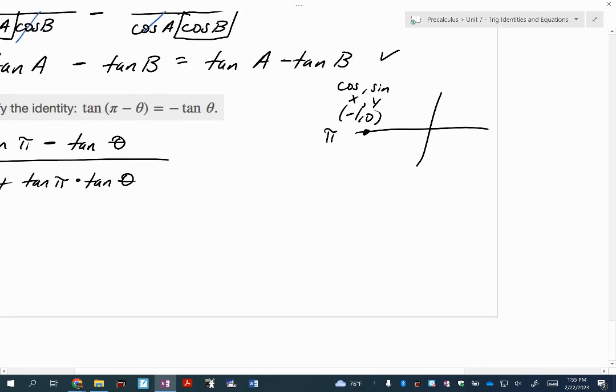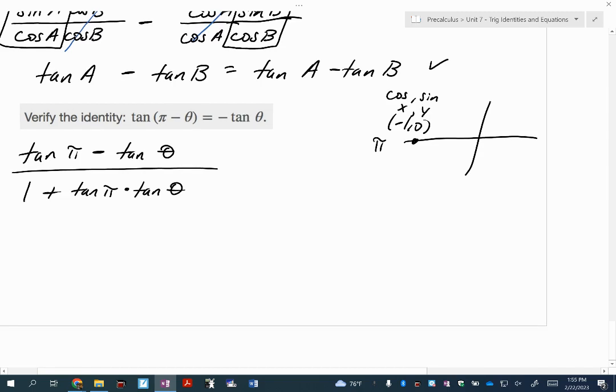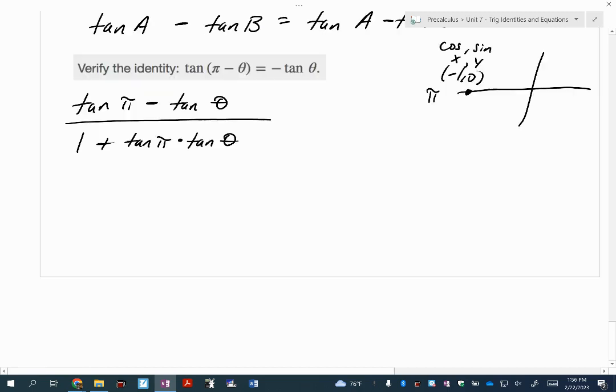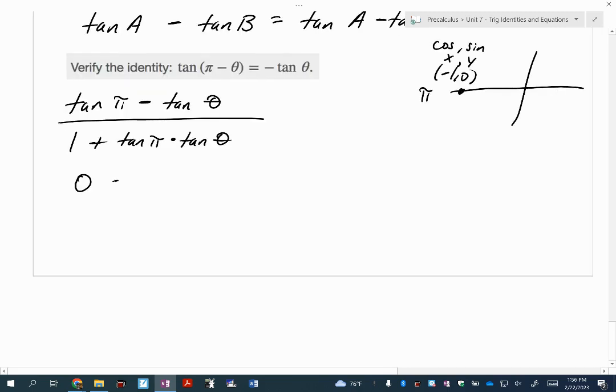And if you remember what we just talked about in the previous problem, that tangent is sine over cosine, the tangent of pi would be 0 over -1, which is 0. So this becomes 0 minus the tangent of theta over 1 plus 0 times tangent of theta.